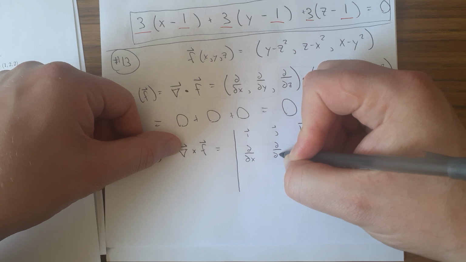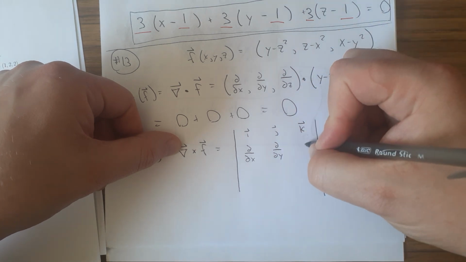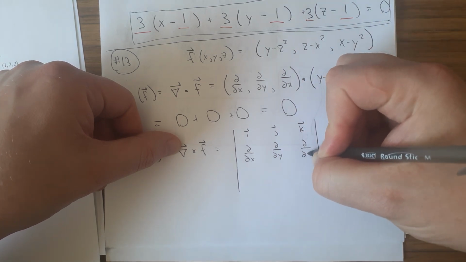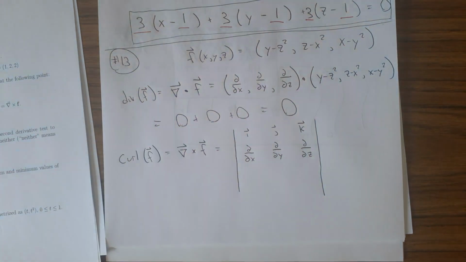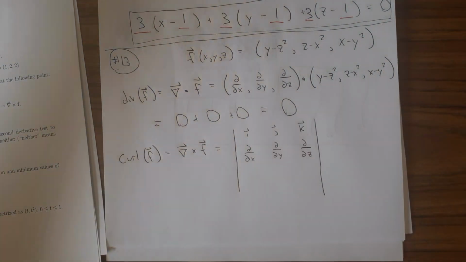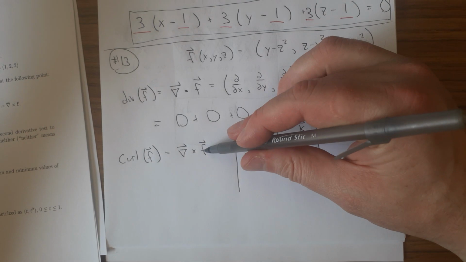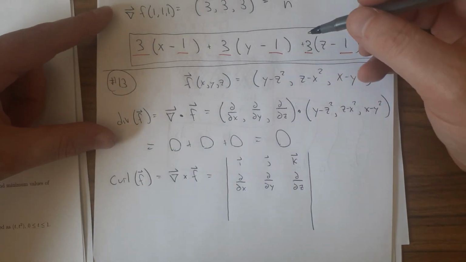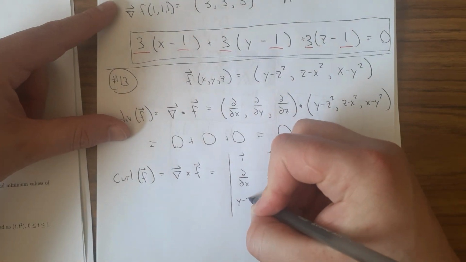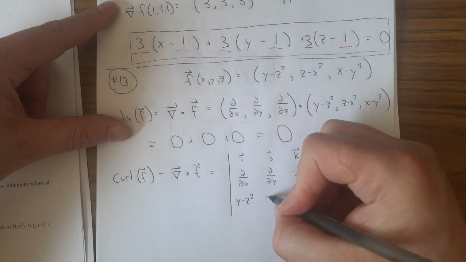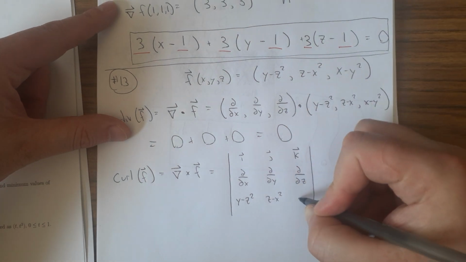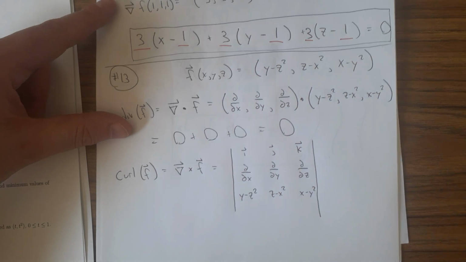A real vector would have numbers inside it. This fake vector has these partial derivatives inside it. So I'm just going to put those right across there. And then now I'll put f: y minus z squared, z minus x squared, x minus y squared.